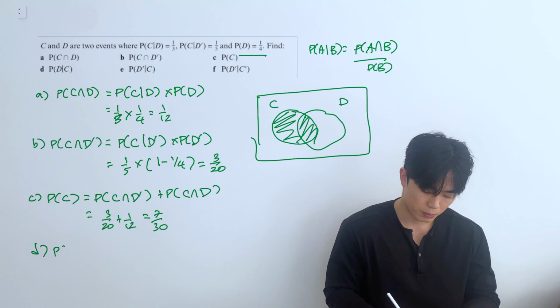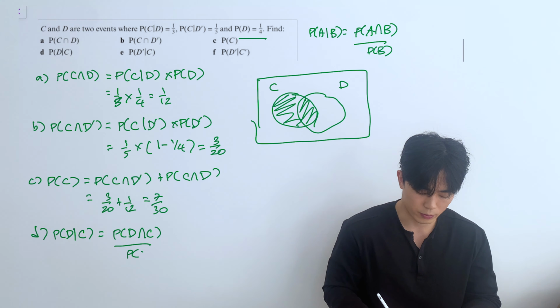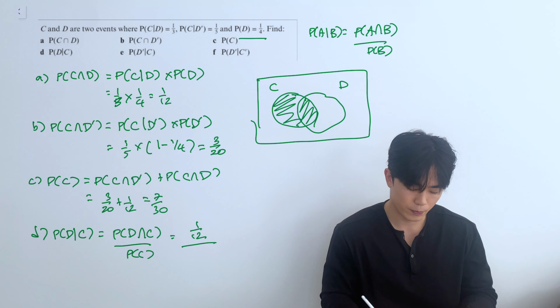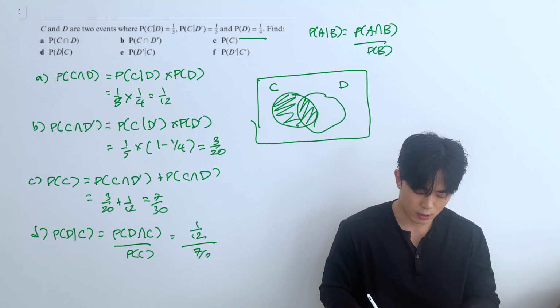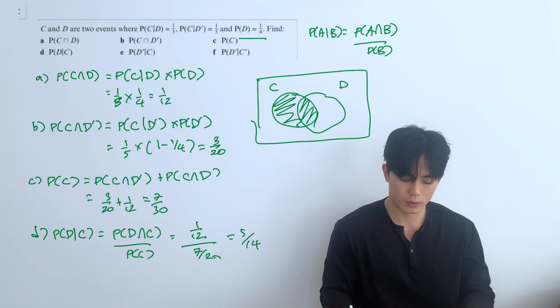Right, D, probability of D given C. So this is going to be the probability of D and C over the probability of C. D and C is the same thing as C and D in part A, so 1 over 12, over probability of C. Well, we've got that in part C, so 7 over 30, and you should get a value of 5 over 14.